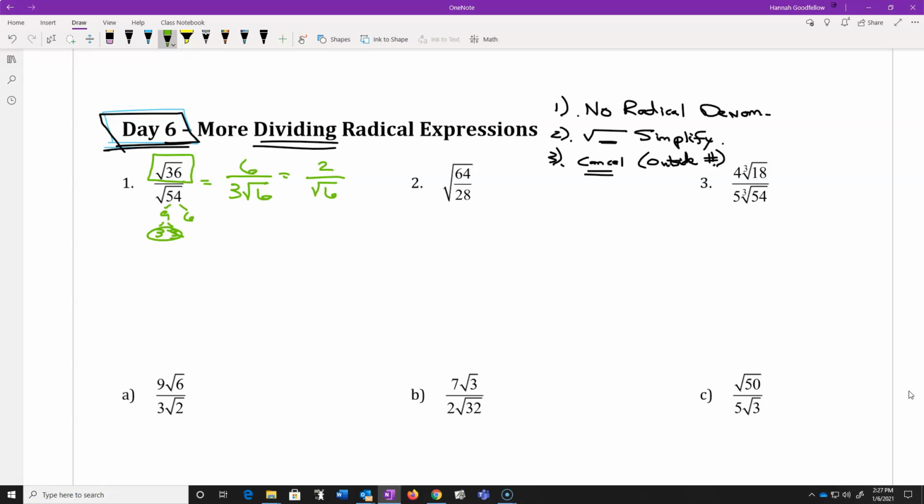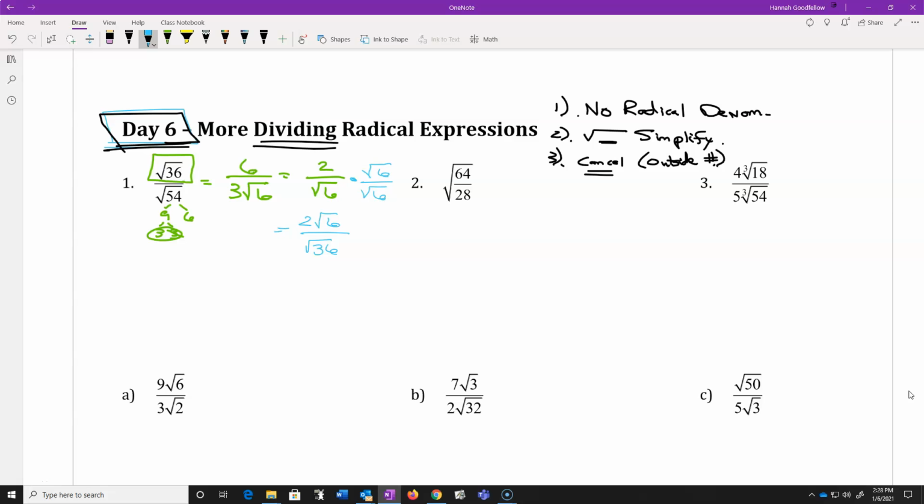Now look at that. We've actually made this problem really not so bad just by evaluating a couple of radicals and simplifying them in the beginning. Now, if I multiply each one of these by the square root of 6, both top and bottom, which is the rationalization method to get that radical out of the bottom, it becomes the square root of 36, and the top becomes 2 square root 6.